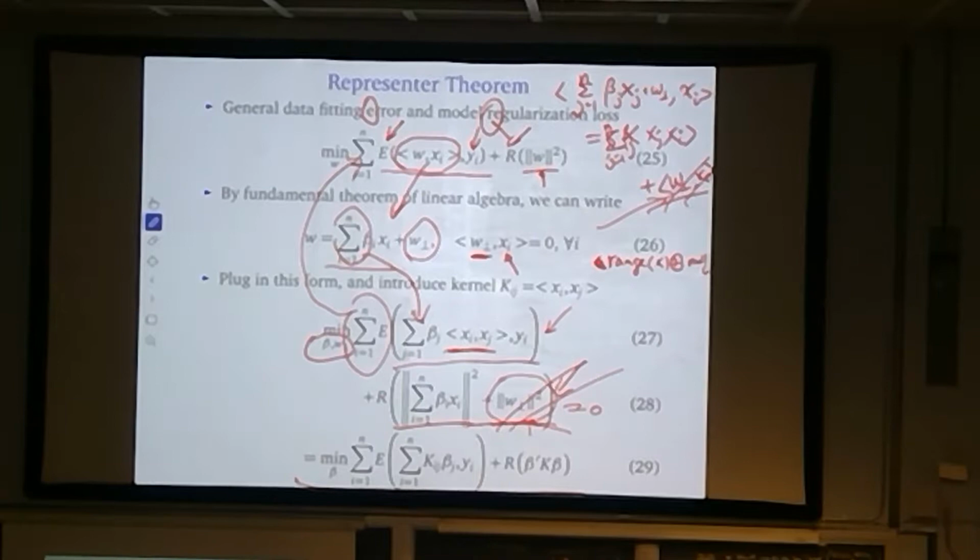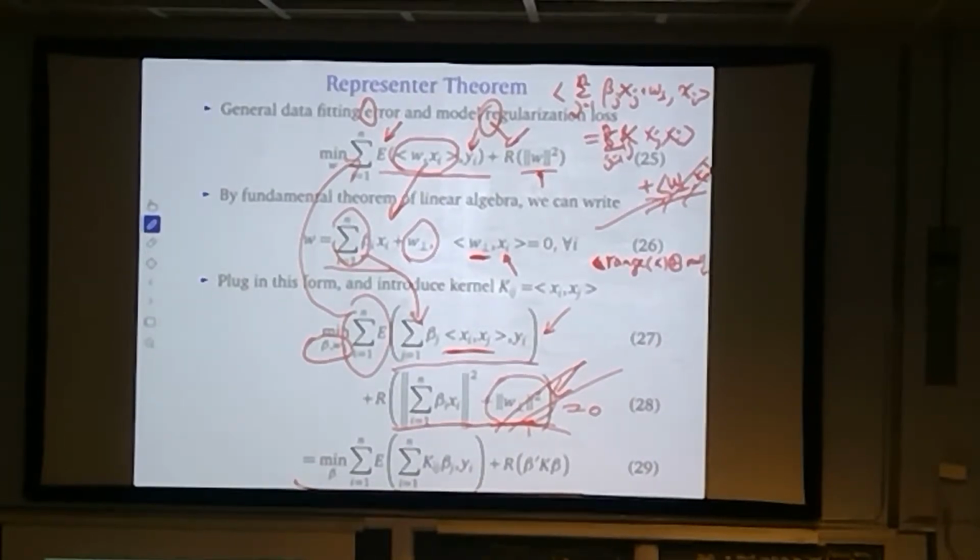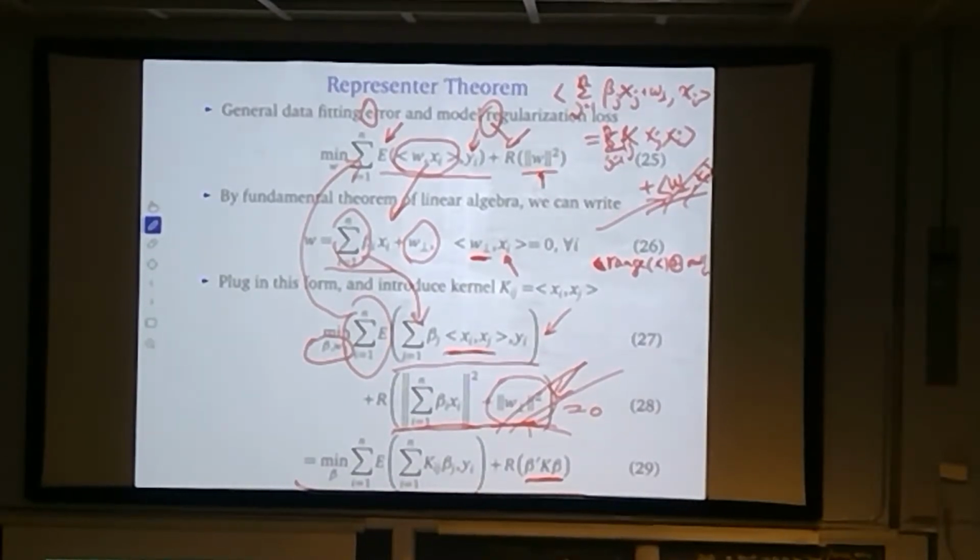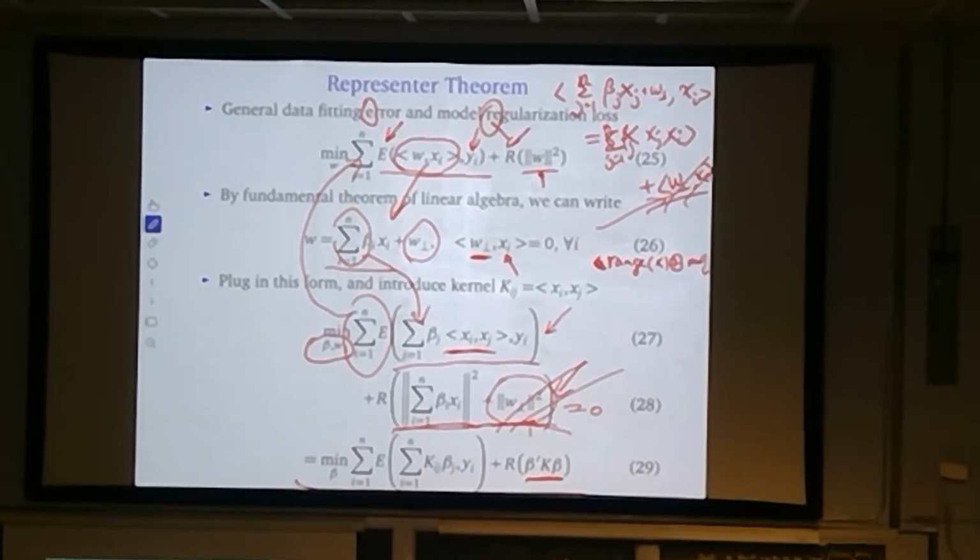So we introduce Kij as the inner product between xi and xj. This is a quadratic term, and you can verify it's just the quadratic term using K as the weight. Now, we are not talking about any specific error function or regularization term.